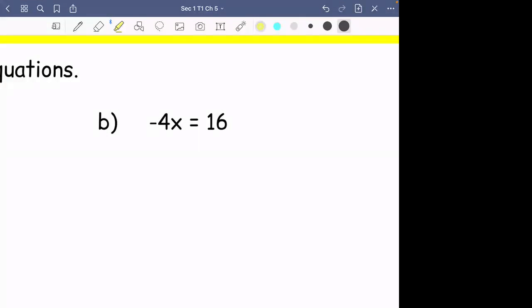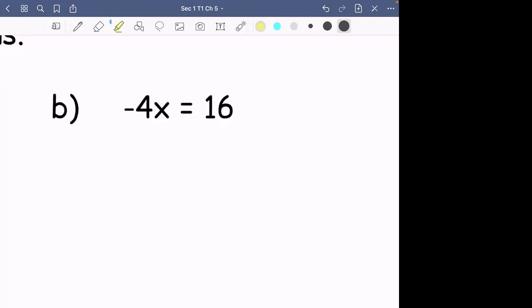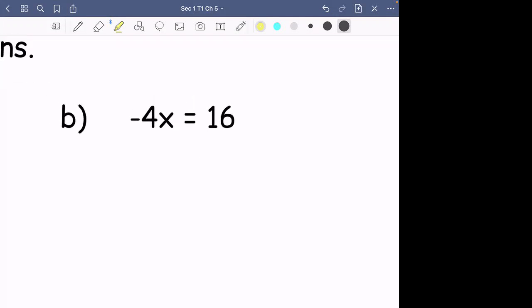What's your answer? What will satisfy our equation? What number, when you multiply to negative 4, gives you 16?